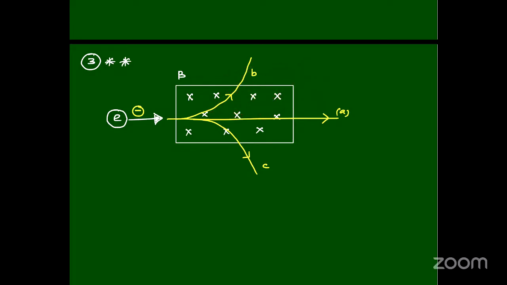If it is coming towards you, it means you are observing from here, and it comes towards you like this. If it is going away from you, it means in this direction. So those are two different directions. That is the simplest way I can explain it, right?